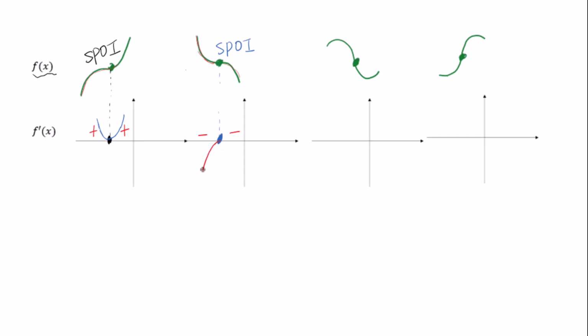So we can see the graph will be like this. This is a maximum point. This is a minimum point. And this is a non-stationary point of inflection. Maximum or minimum will go to these zeros, and a non-stationary inflection point will be a maximum or minimum.